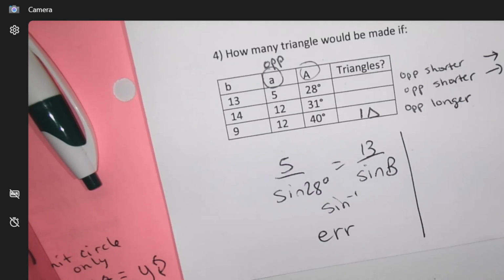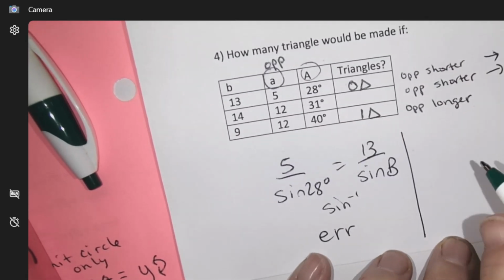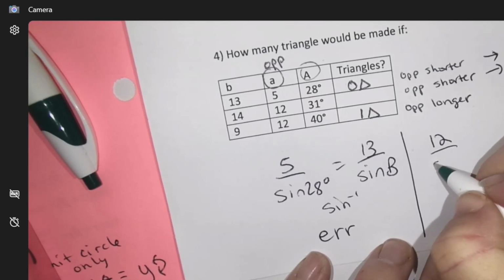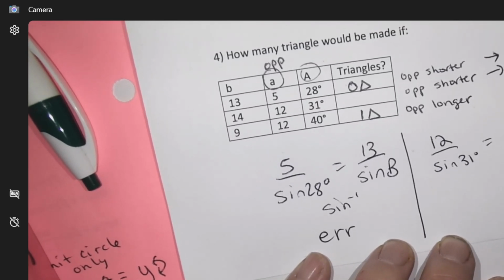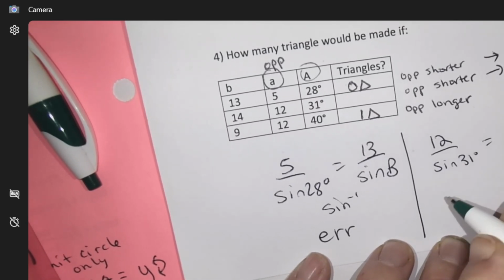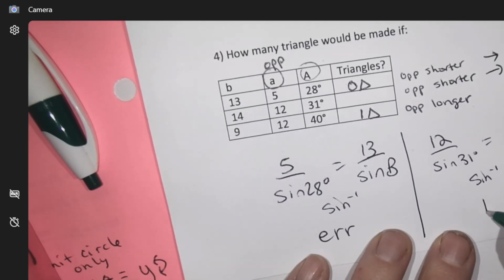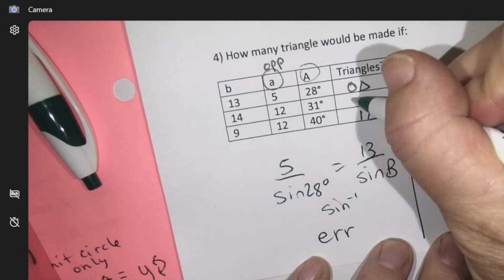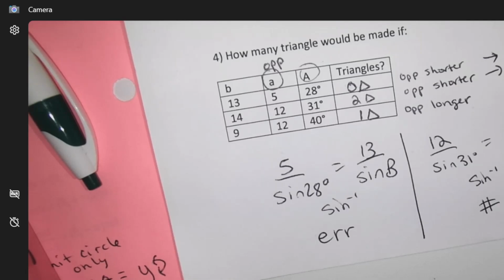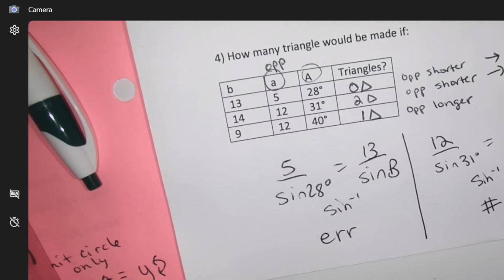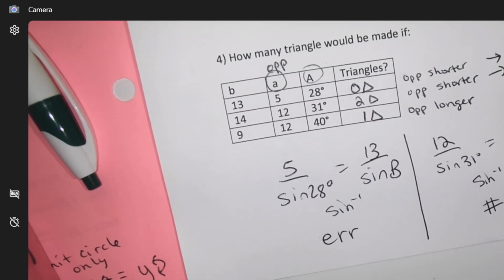Error. So 0 triangles. Okay, so I did the sine law test, I did the sine inverse, and an angle appeared, so that's going to tell me 2 triangles.